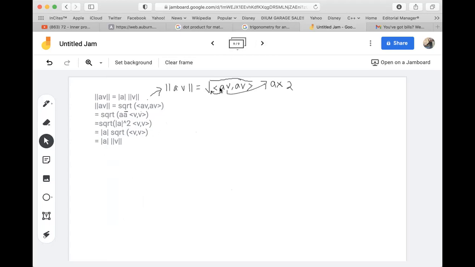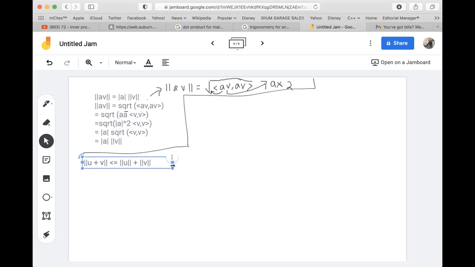So now if we want to do the third one, just now it says that the norm of u plus v is less than or equal to the norm of u plus the norm of v.